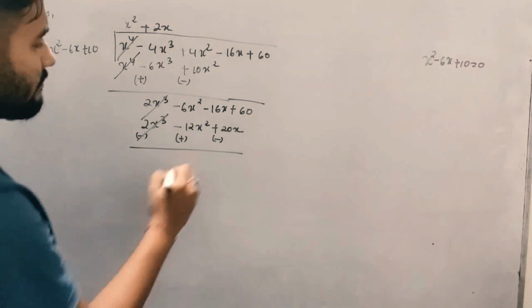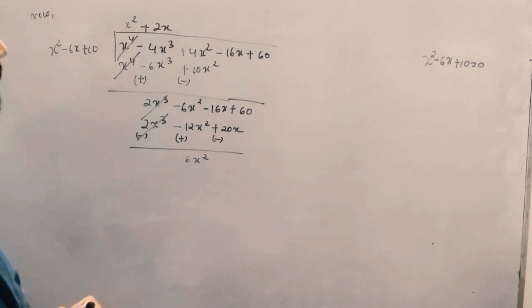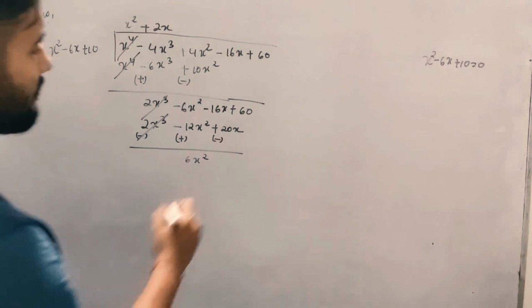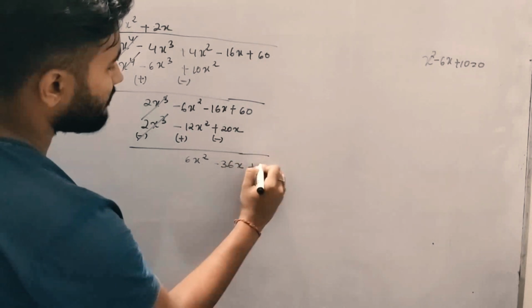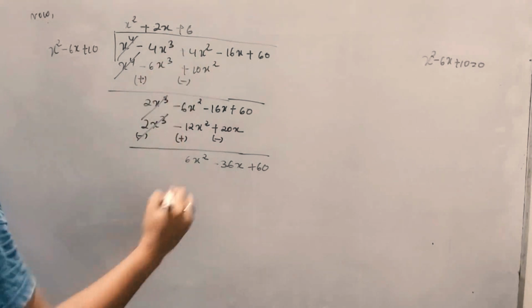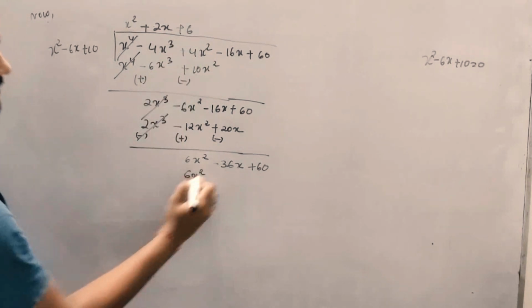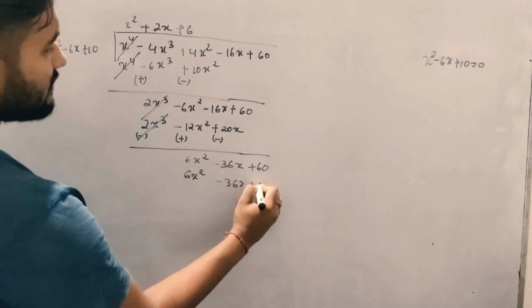Minus 6 plus 12 will be 6, right? 6x square, minus 16 minus 20 will become minus 36x, and then plus 60. 6 is there, so only 6. This will become 6x square minus 36x plus 60.